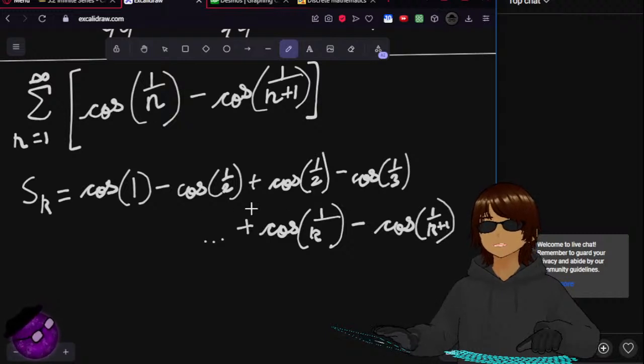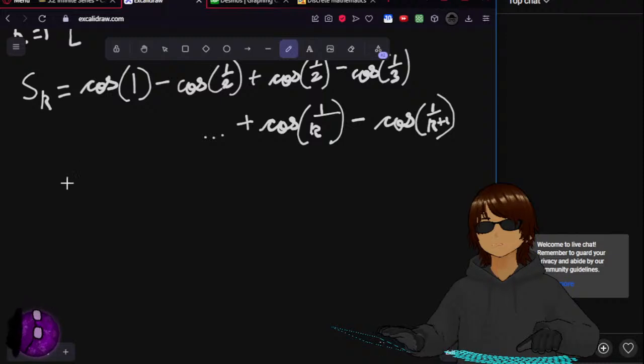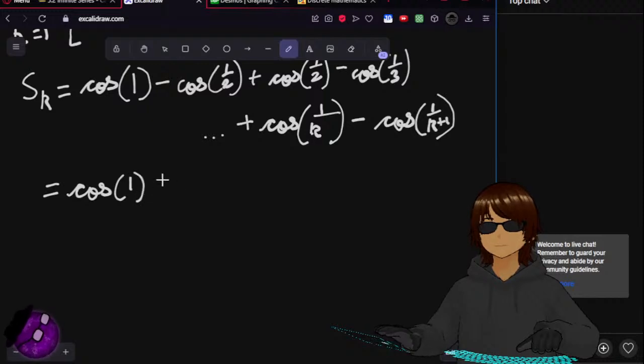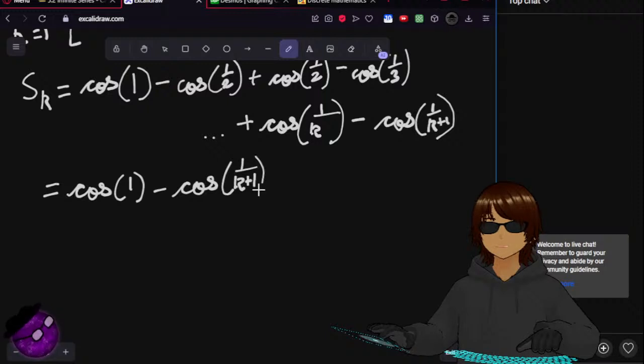So the ones in between will cancel out, and then we are left with cos 1 minus cos 1 over k plus 1. But if k tends to infinity, then 1 over k plus 1 will go towards 0.